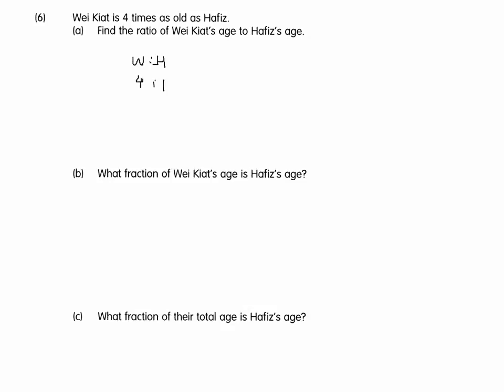Do you understand the phrasing or not? Because it's very worrying when the whole class suddenly tells me it's Weighted over Hafiz. What fraction of Weighted's age is Hafiz's age? Who is unclear about this phrasing? Because in the exam, if you are unclear of this phrasing, you will get it wrong. Who finds this ambiguous?